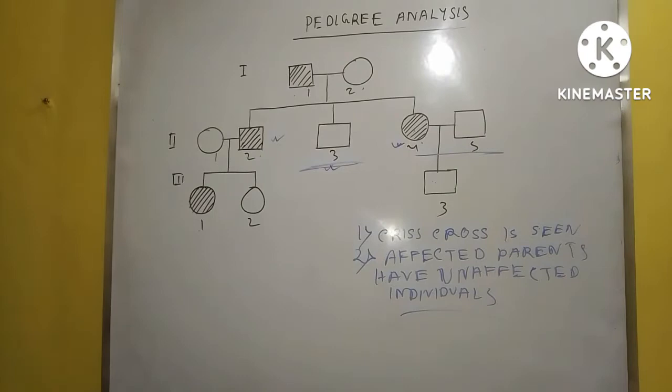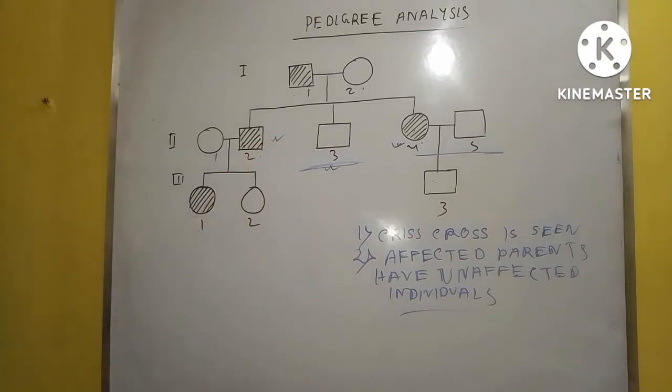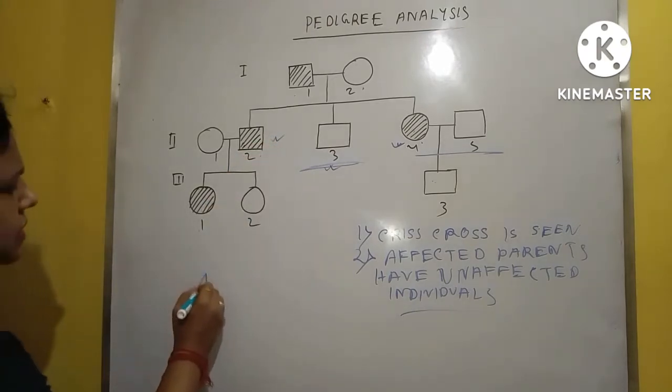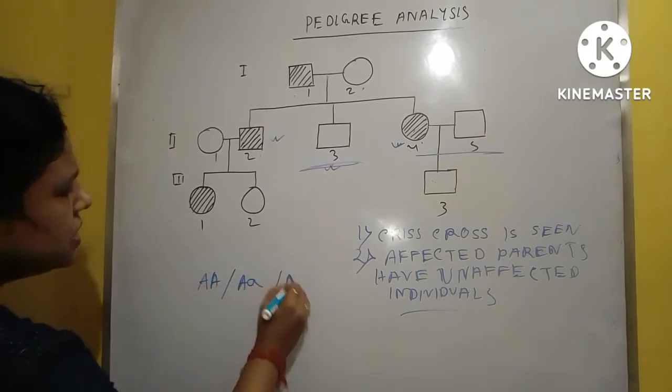Now we have to understand whether it is autosomal recessive or dominant. So first we have to write the disease gene. In case of autosomal, the gene remains in either this form or this form or this form.